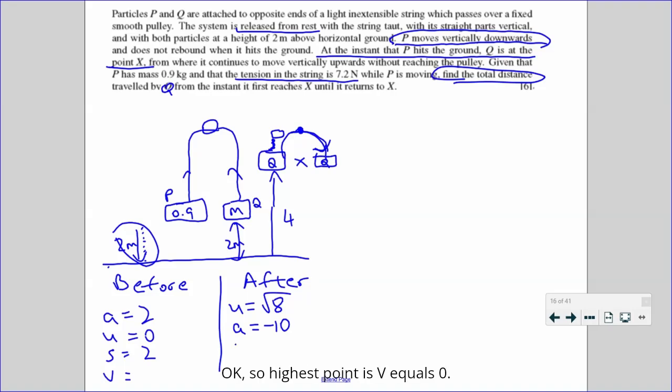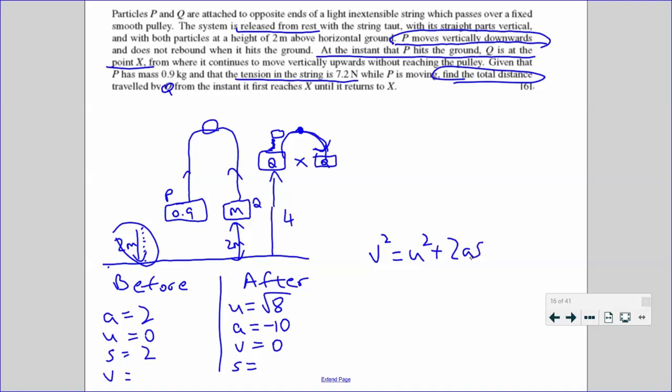Okay, so highest point is v equals 0. Okay, and we are finding the distance, so we are finding s. Okay, so I will use this formula. V square is 0.